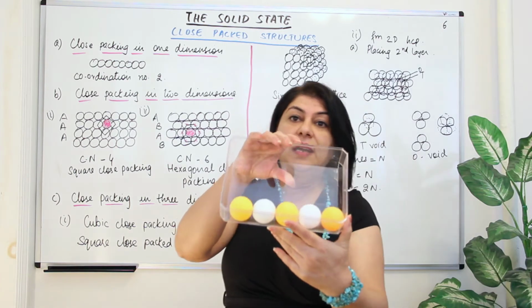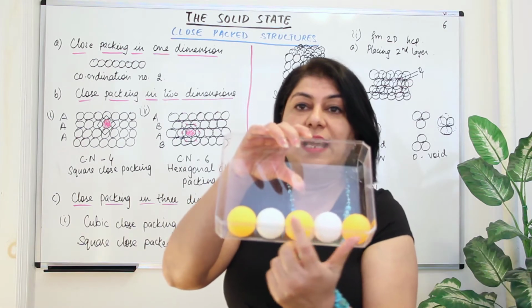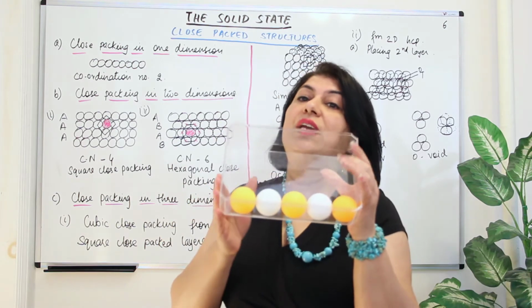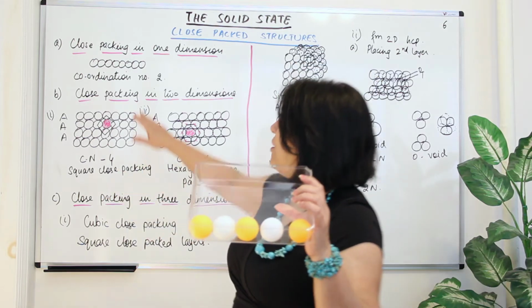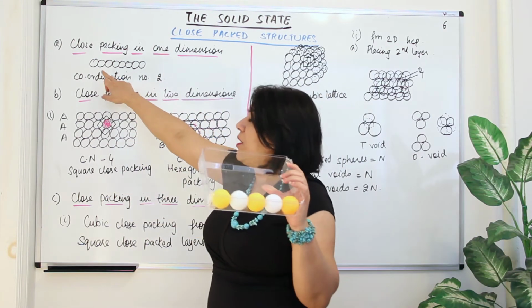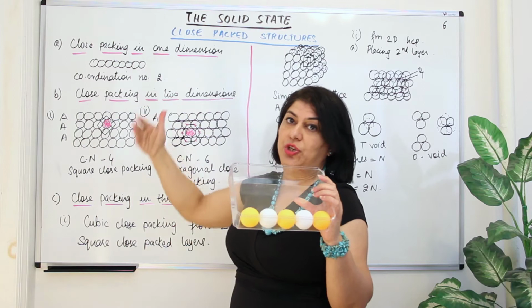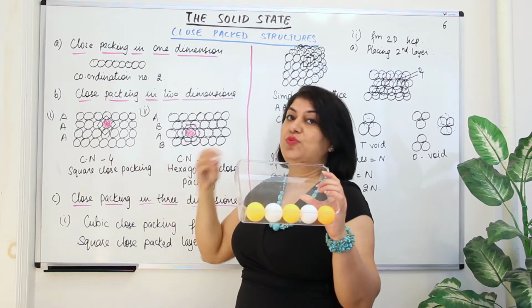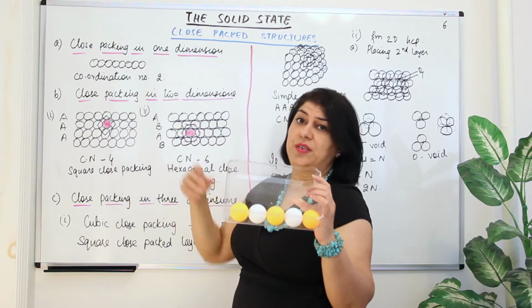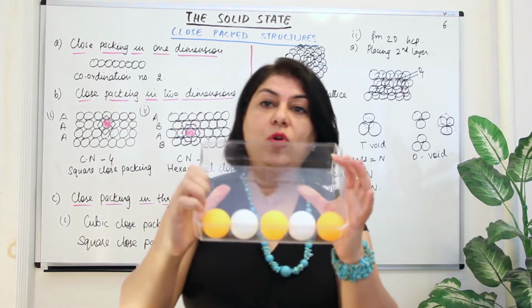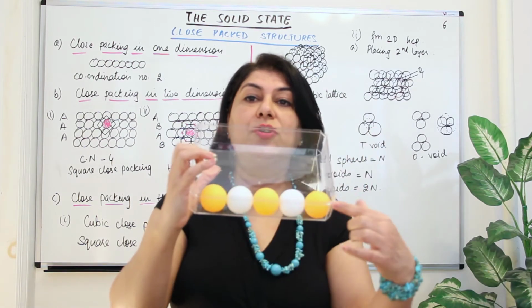As you can see here, every atom touches its neighbor. So we say close packing in one dimension is where all constituent particles, which we imagine to be spheres, are joined together to form a single row.